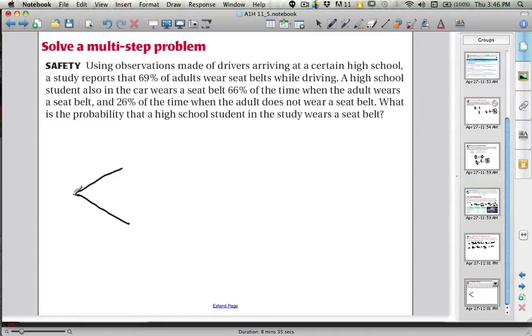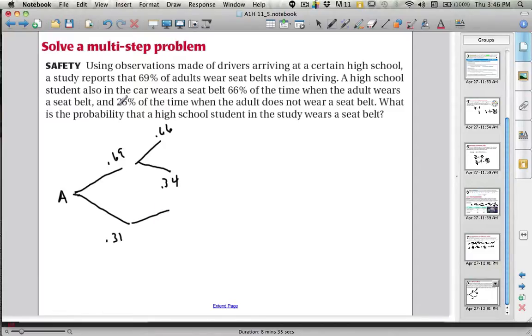So the first part is for the adults. Okay, so the adult is 69% wear the seatbelt, which means that 31% don't. So the student wears a seatbelt 66% of the time when the adult wears, which means then that 34% they don't.